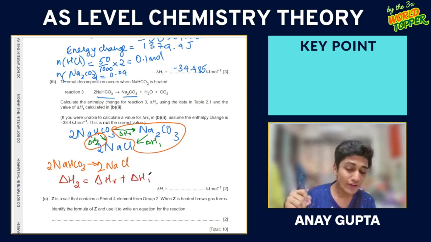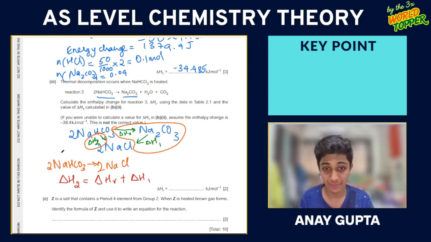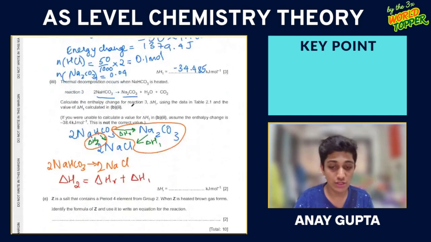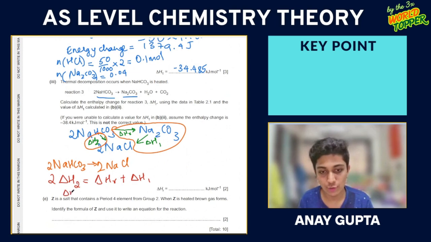Now, over here, there is one big mistake that we are making. The mistake is that delta H2 only accounts for 1 mole of NaHCO3 and 1 mole of NaCl. So if we have doubled the moles, we need to double the enthalpy over here. And now we can simply substitute: delta HR is equal to 2 delta H2 minus delta H1.